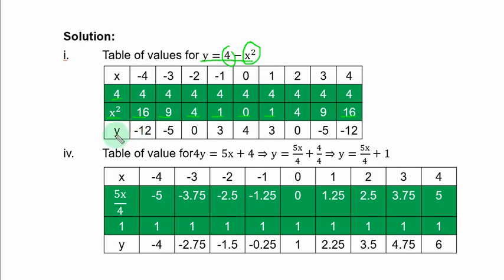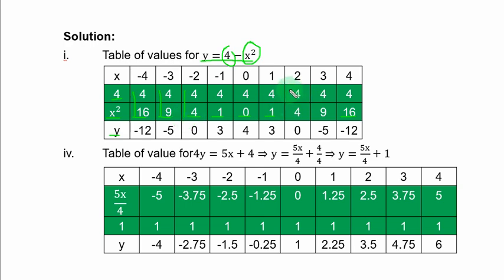In order to get y, you have to subtract s squared from 4. So 4 minus 16, you have minus 12. 4 minus 9, you have minus 5. 4 minus 4, you have 0.